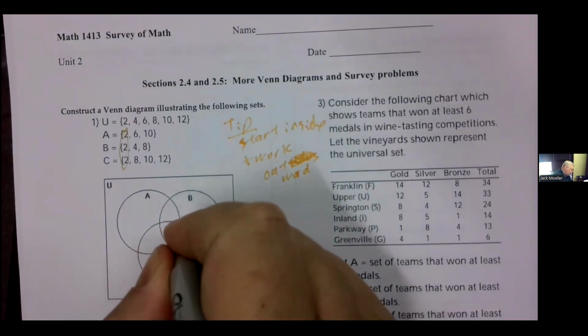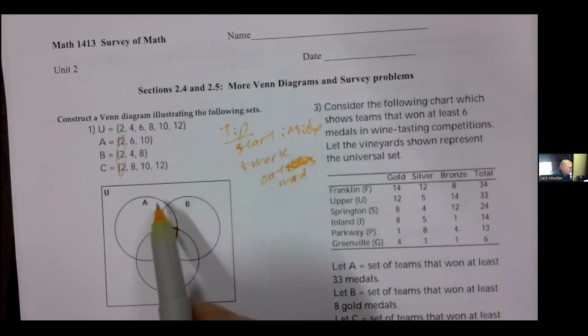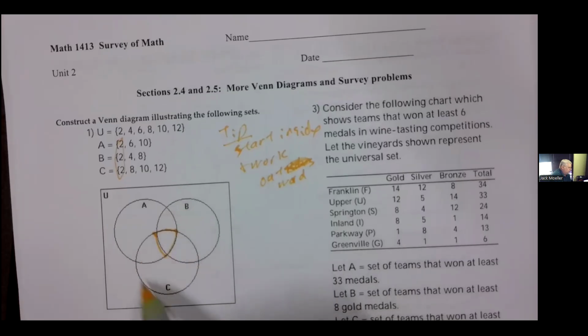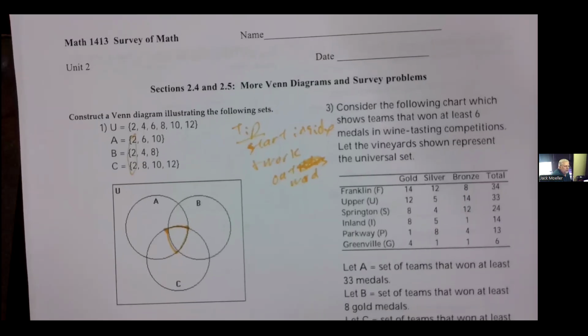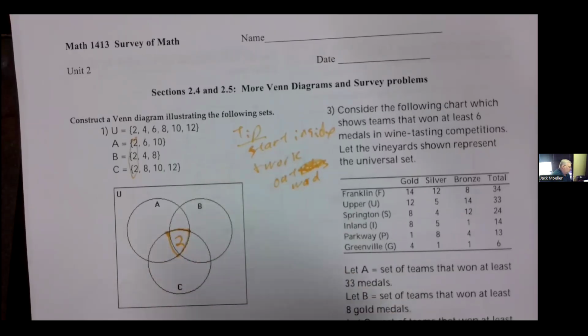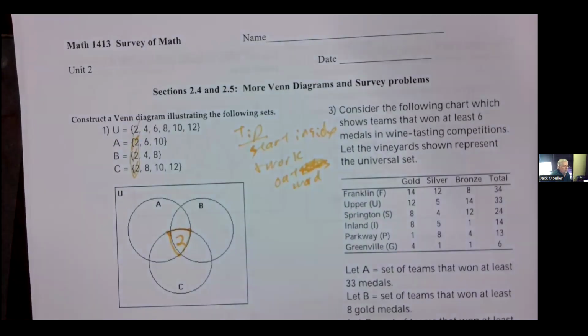Well, right there in the very middle, because that region is in circle A, in circle B, and in circle C. So that very inside is all three. So 2 is the only number that's in all three. So 2 goes there. Now cross that off because we've taken care of it. Make sure you especially cross it off in the universe. So that's the quick one to do, the one that's in all three.